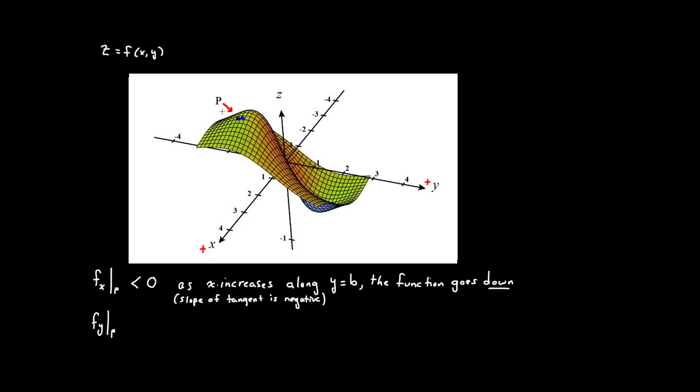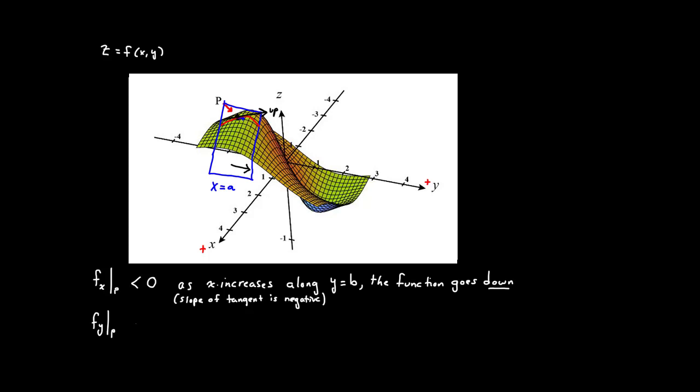I'll draw that plane again. So this plane, and it's not a great plane that I've drawn, that plane is x equals a. I don't know its exact value, it's not important. And the trace along that plane looks like this. And so at this particular point, as y increases, the function is going up.